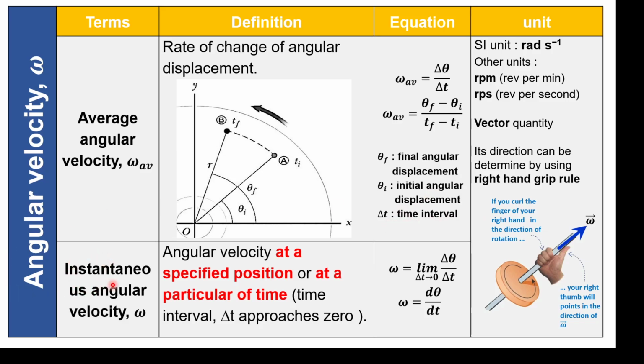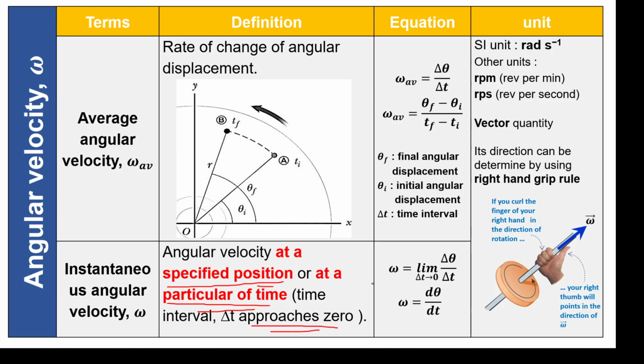And what is instantaneous angular velocity? Instantaneous is where we pick the angular velocity at a specific point of time, or a specific position. How do you find this? By when delta t is approaching 0.